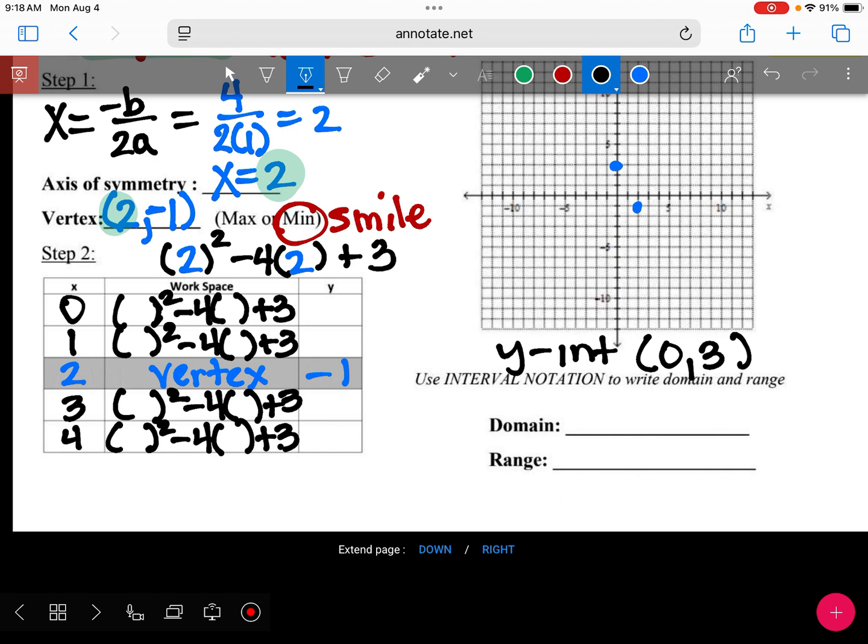So the first time you're going to put in 0, see what you get. Then you're going to put in a 1. Then you're going to put in 3. And then you're going to put in 4. So everybody pick up your calculators, type it in to get your 4 values.